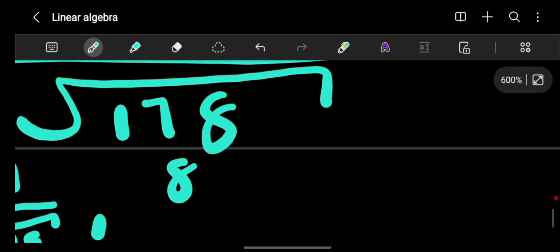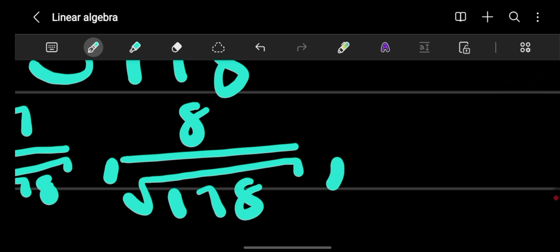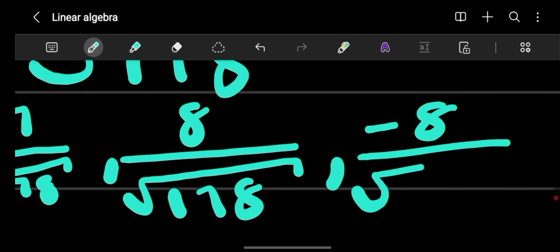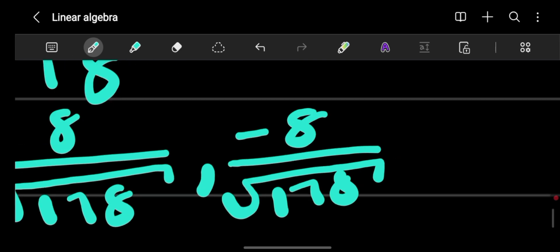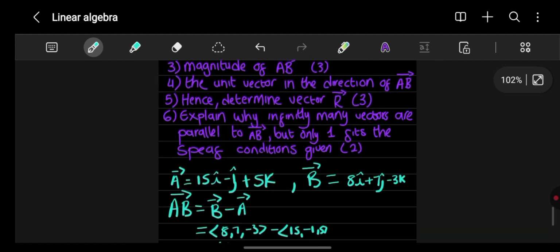So finding the unit vector would be 7 over the square root of 178, then 8 over the square root of 178, and negative 8 over the square root of 178. Right? And I think from there you'd be fine with the unit vector.